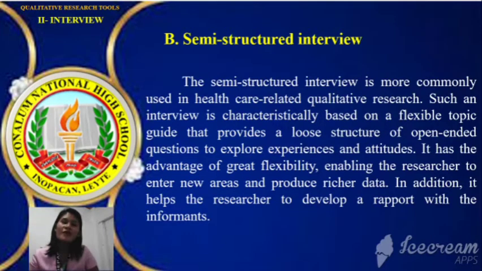Actually, one thing that we can get from interviewing our respondents is that we build and develop good rapport with them. That is why as researchers, we must also respect our respondents if they give information that is not related to the topic.